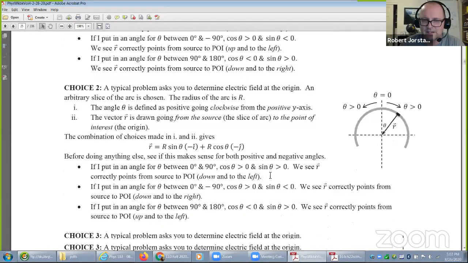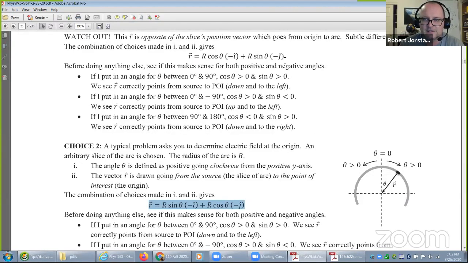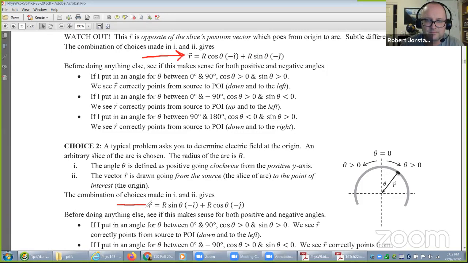But let me give you an example here. Look at this problem. Notice the difference, and I want to emphasize this. This is an R vector, and this is a different R vector up here. I want to point out the subtle differences. Normally in a math class, this is the R vector you think of: radius times cosine theta in the positive i hat, plus r sine theta in the j hat, because that's going radially outwards.